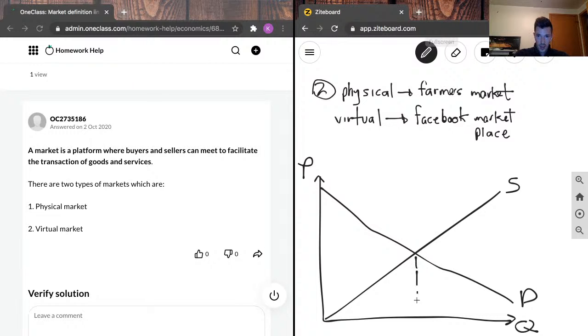And the point at which they meet is going to be the market clearing price. So we've got the optimal quantity and the optimal price. And this point where they meet is called the equilibrium, or the market clearing price.